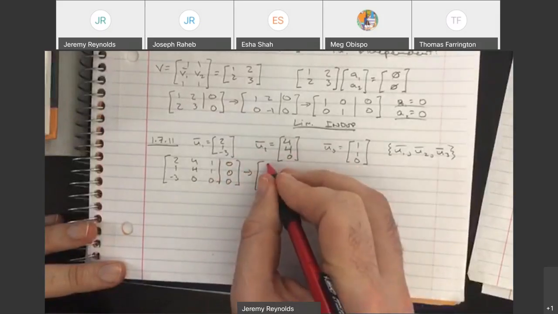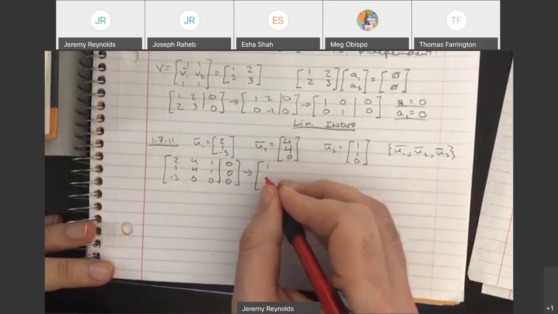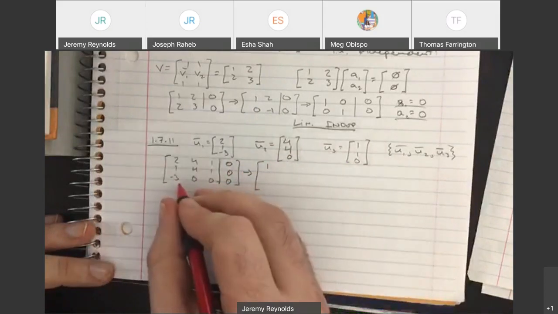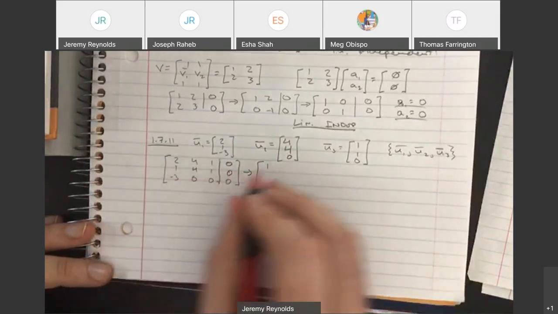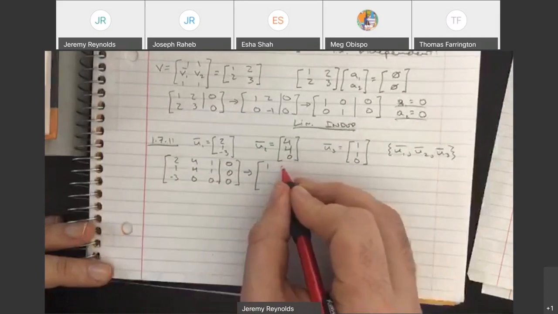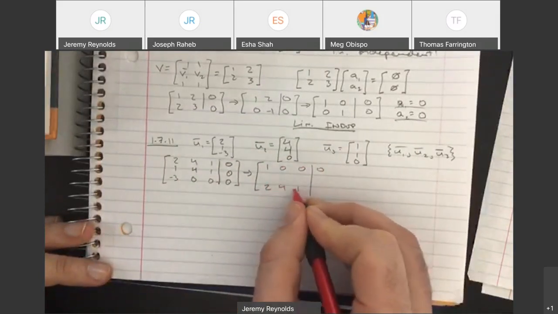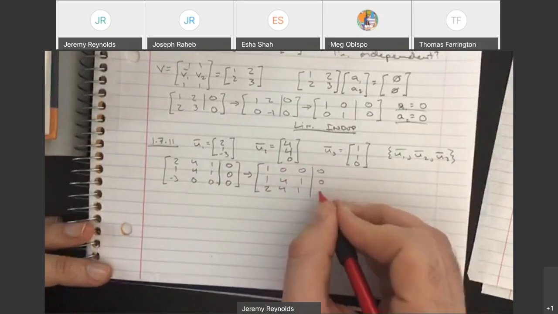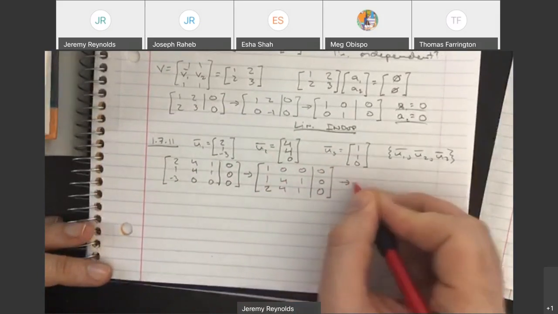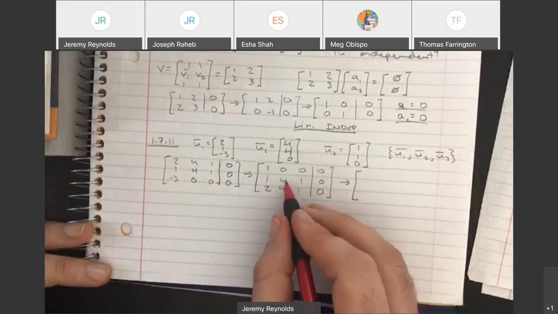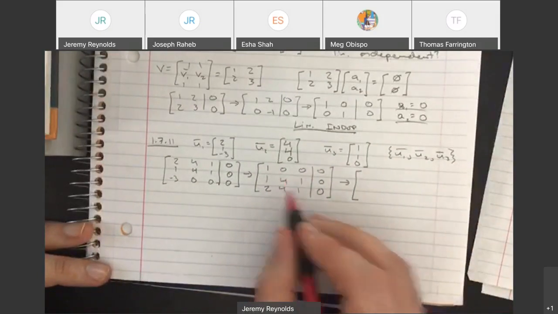And we end up getting, switch the first and third rows and multiply the bottom row by -1/3. So we get 1, 1, 0, 2, 4, 1, and 0, 0, 0. And go ahead and subtract 1 times the first row from the second and 2 times the first row from the third.